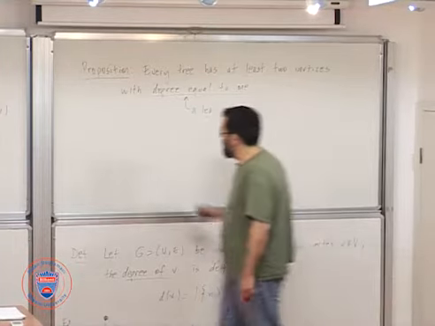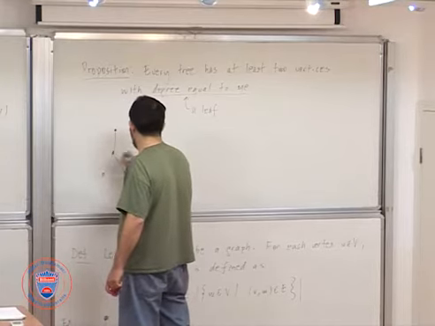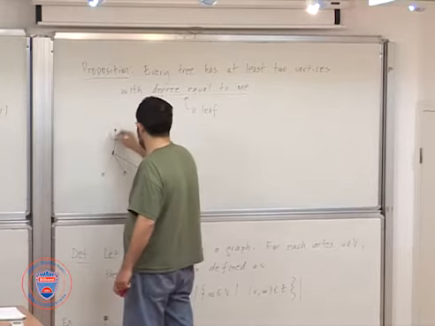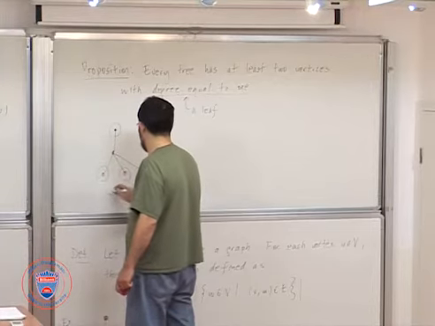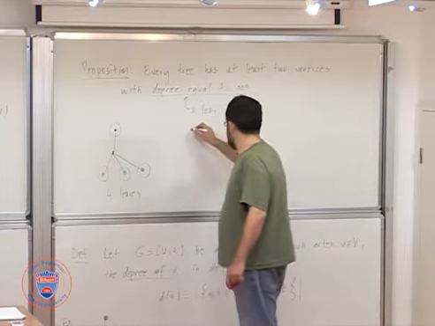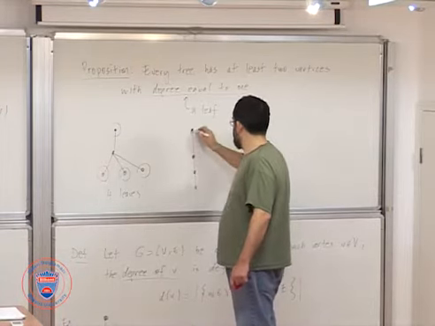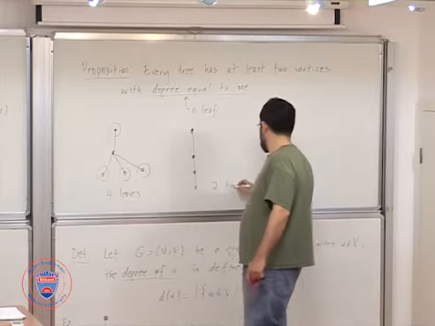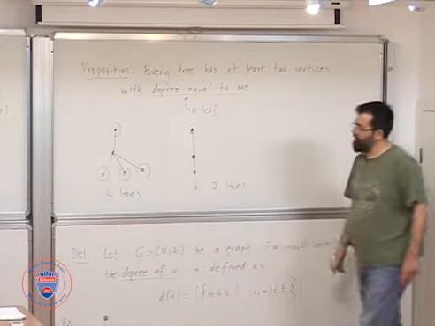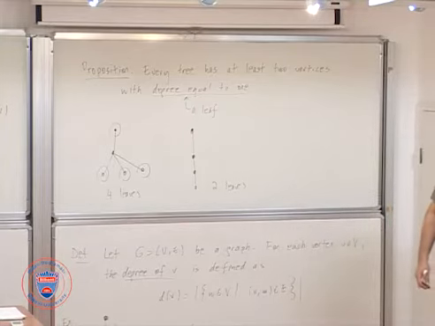And you could have more than 2 in some cases. This one has 1, 2, 3, 4. But you could also see that in worst cases like this one, you can only have 2 leaves. So 2 is the absolute minimum, of course.